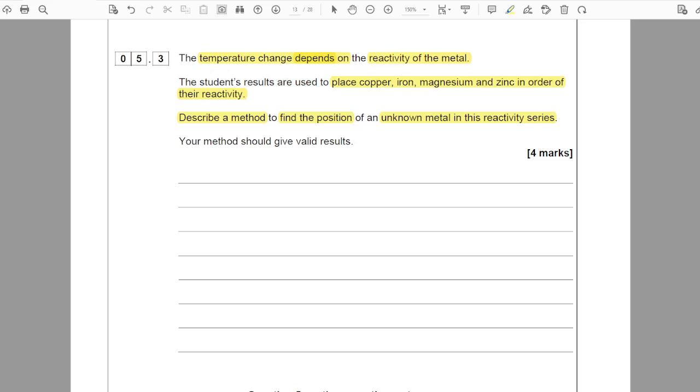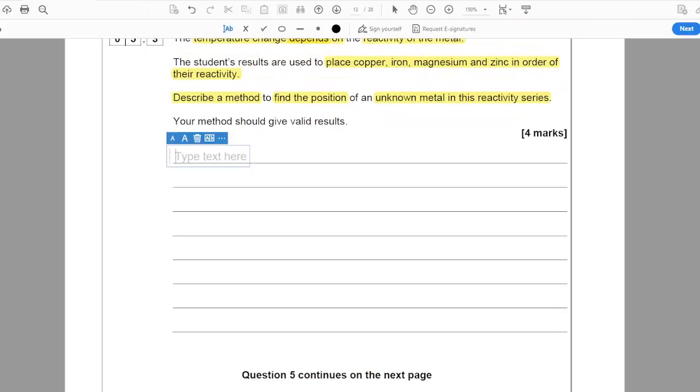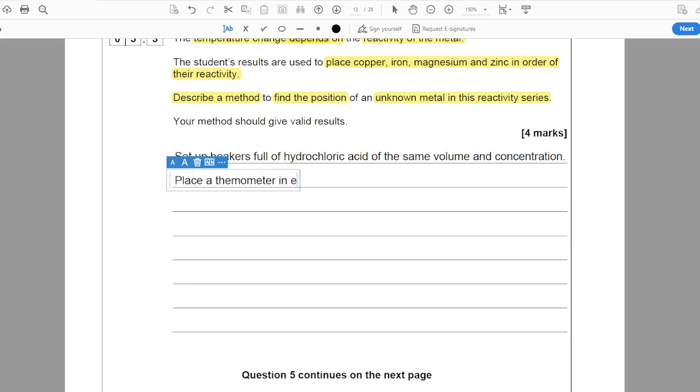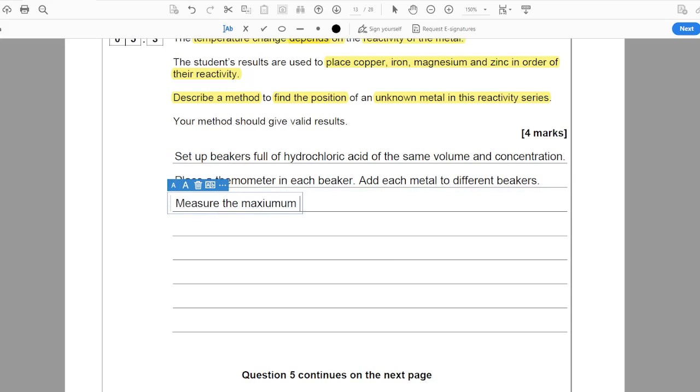For me, I've done lots of reactions with magnesium and hydrochloric acid, so I'm just going to use that for all the metals. So I'll just say to set up beakers full of hydrochloric acid of the same volume and concentration and put thermometers in it, and simply add each metal to each beaker and measure the highest temperature it goes to.